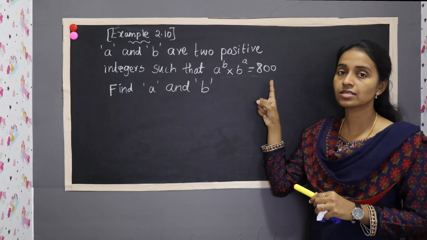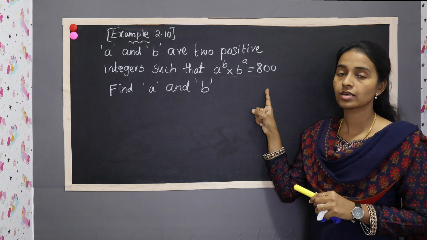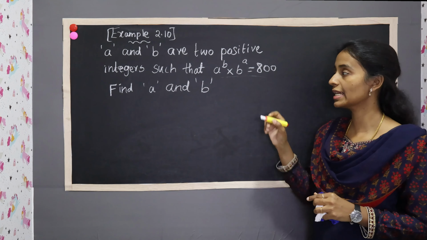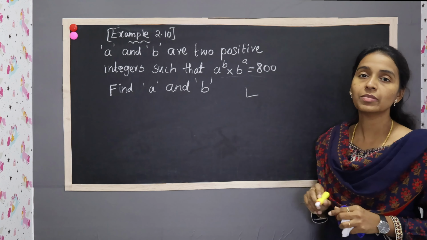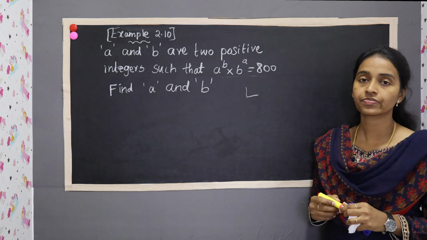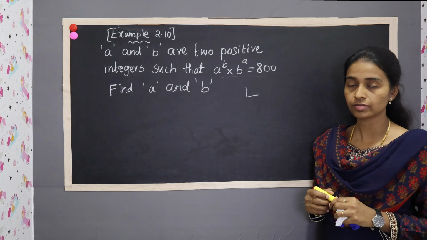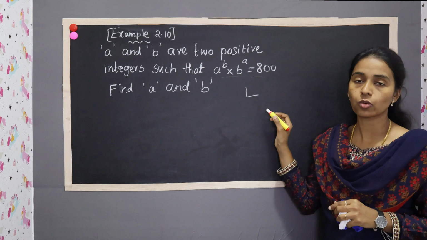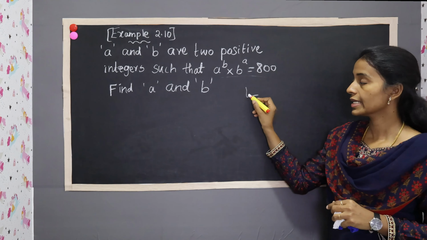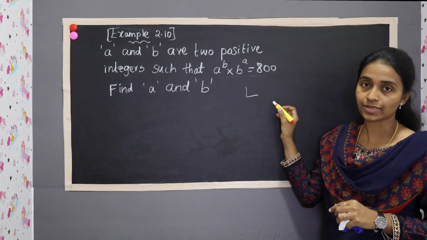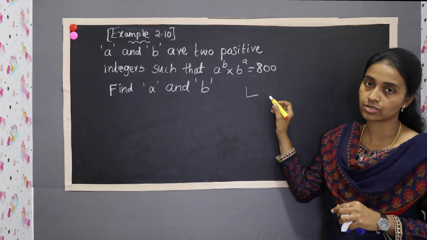Since 800 is a big number, we are going to use the L method for finding factors. Let me explain what the L method is. L method is a shortcut for finding the factors.